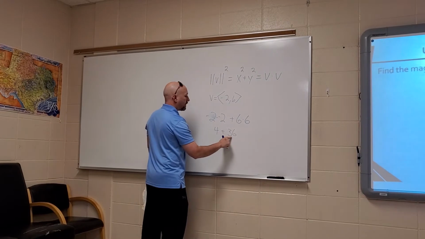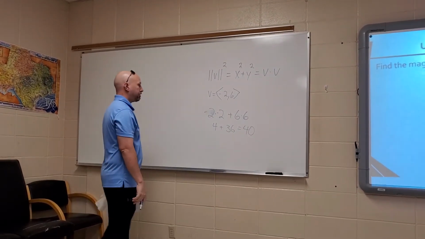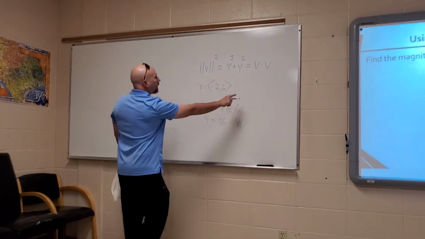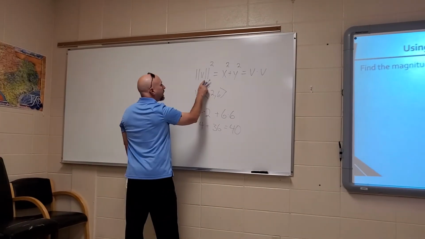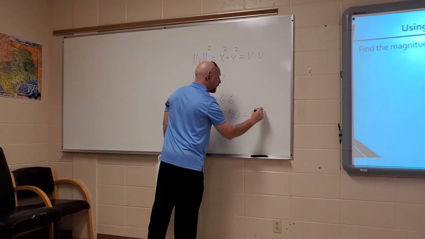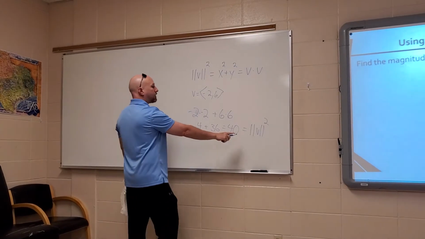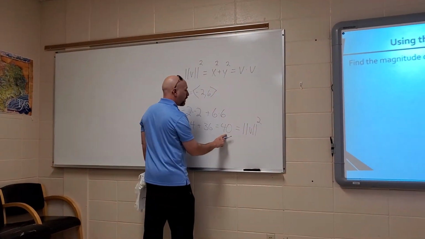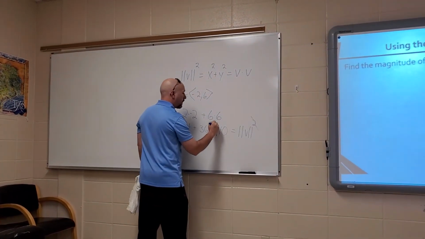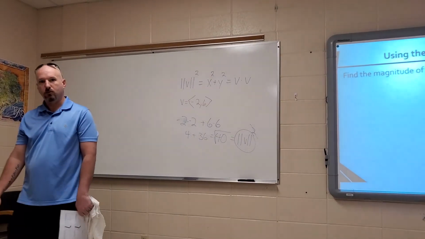And 4 plus 36 is 40. So then 40, which is v dot v, must equal the magnitude of v squared. So if the magnitude of v squared is 40, then the square root of 40 is the magnitude of v.